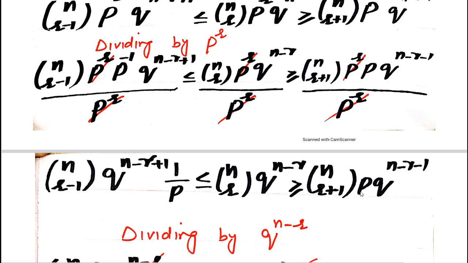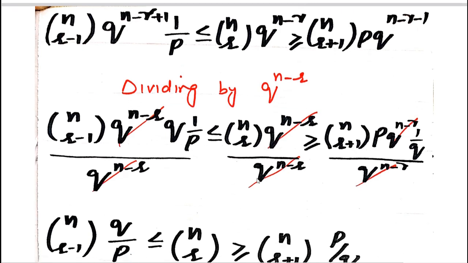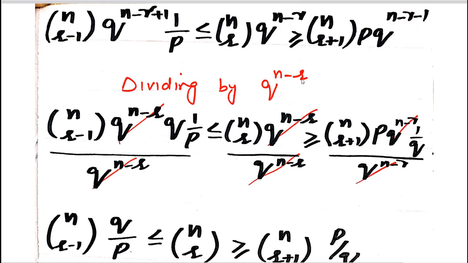nC(r plus 1) p q power n minus r minus 1. So divide by q power n minus r. Write this term by part: q^(n minus r) q. When the bases are the same we add the powers.